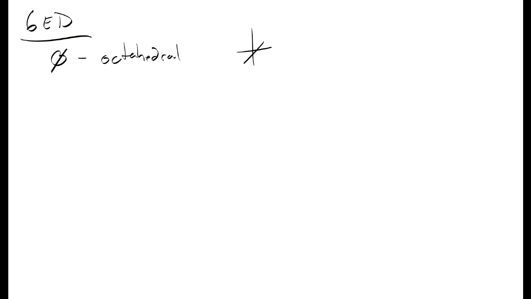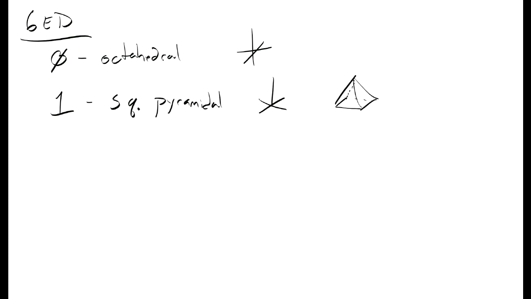And it'll never make a difference. It'll always give you the same geometry. So that is going to be what's known as square pyramidal. Okay? You remove one of them, and what that leaves you with is a square pyramid. Now, this is an Egyptian pyramid. Okay? It's got that square base. All right. So square pyramidal.